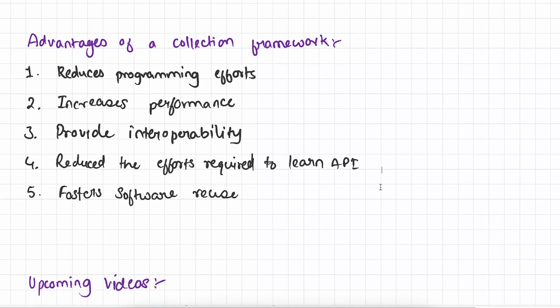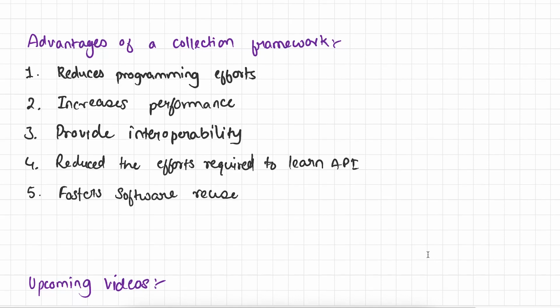Now the last advantage of the collection framework, which is very important, is that it fosters software reuse. What does software reuse mean? It simply means the collection framework provides standard interfaces, collection classes and algorithms so that we can reuse the same collections, same interfaces and same algorithms all over the place.